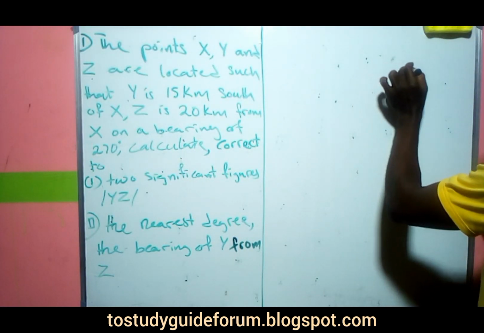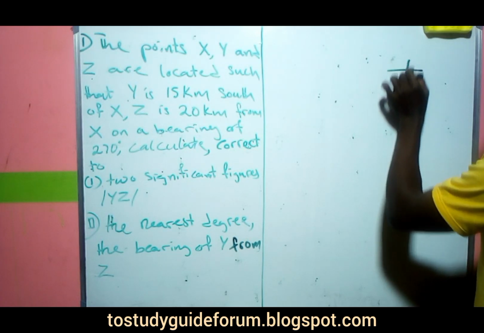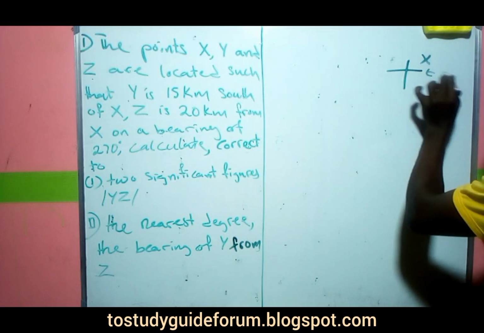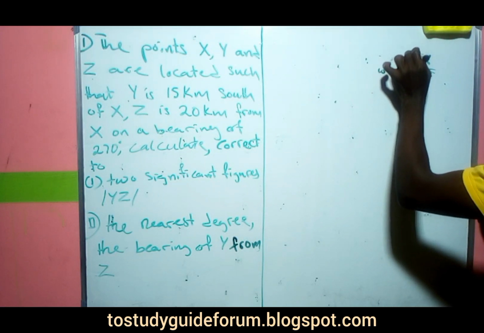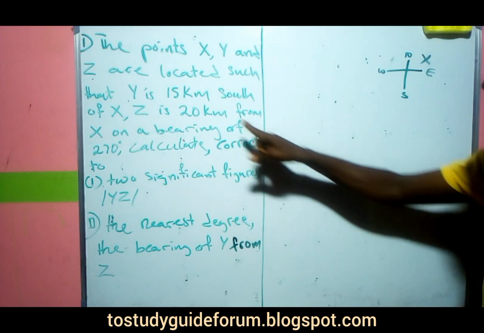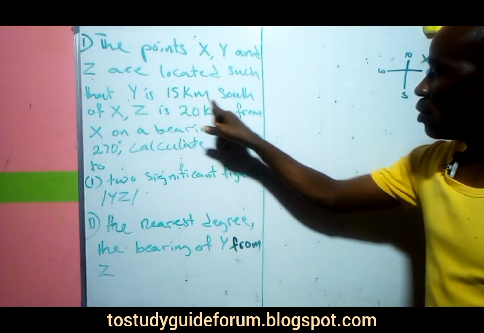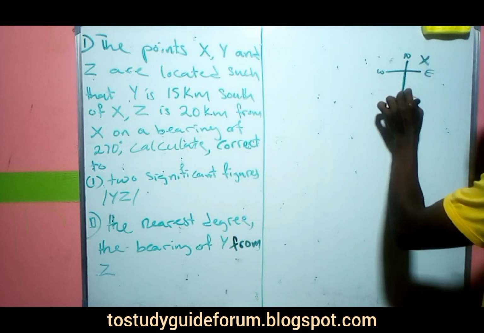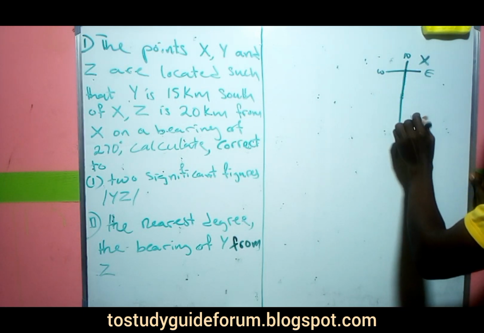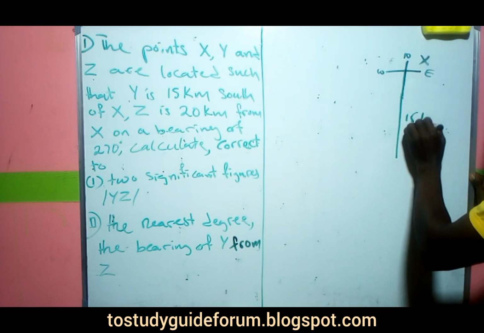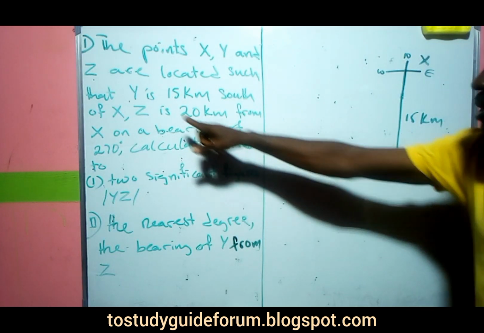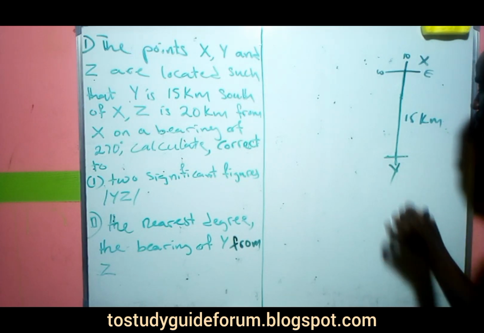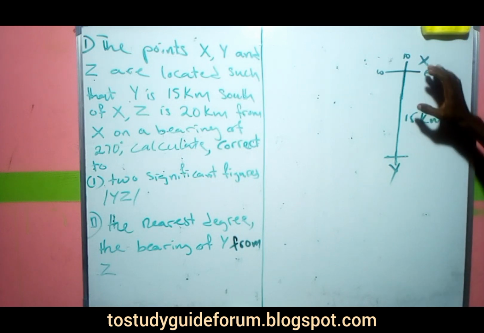That means if this is our x, and we know that east is here, west is here, north is here, and south is here, then 15 kilometers south of x is where we get the y. We put our y here. That is what it means: south of x.